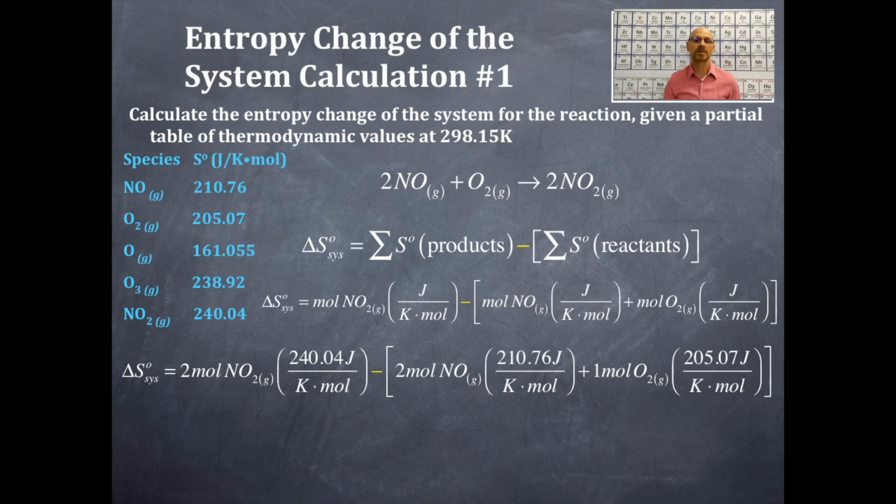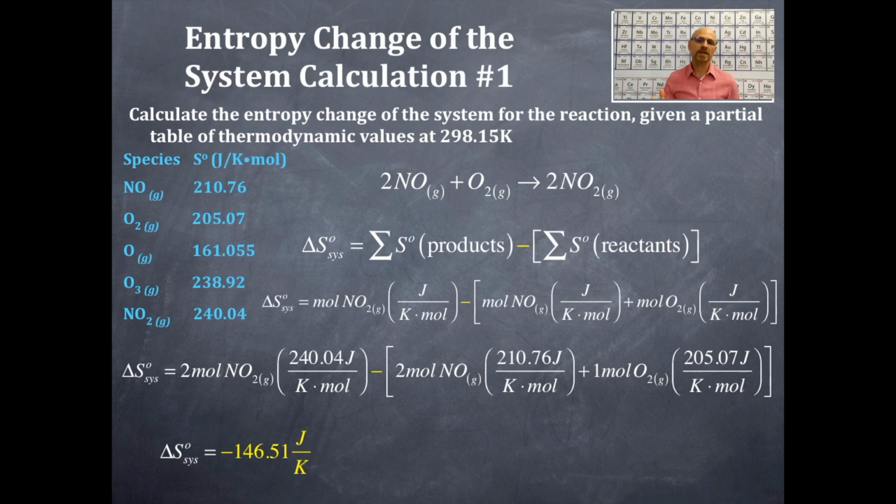Again, molecular oxygen does have a value for entropy. I'm going to do my multiplication, then my addition. Everything here has 2 decimal places, so my answer should have 2 decimal places. So delta S naught for the system is equal to negative 146.51 joules per Kelvin. Notice that the moles cancel out, but the joules per Kelvin stayed.